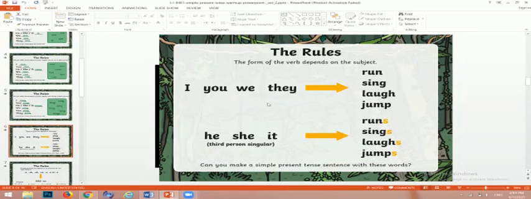The first rule here, we have an irregular verb, which is to be. We have the pronouns here: I, you, he, she, it, we, you, and they. I am, you are, he, she, or it is, we are, you are, they are.